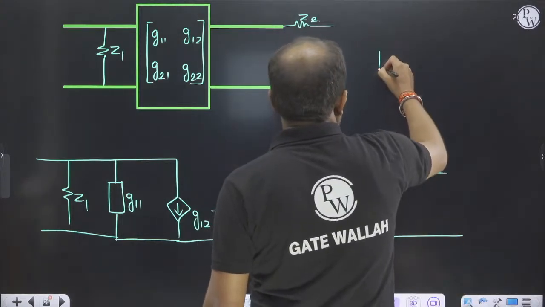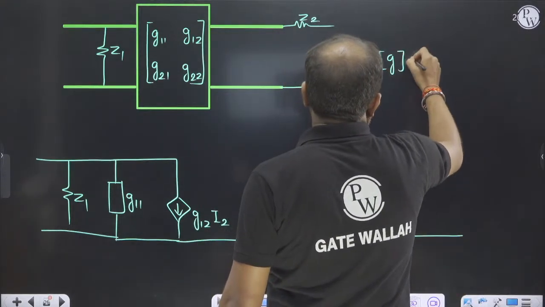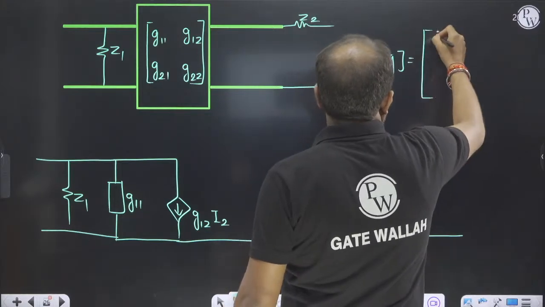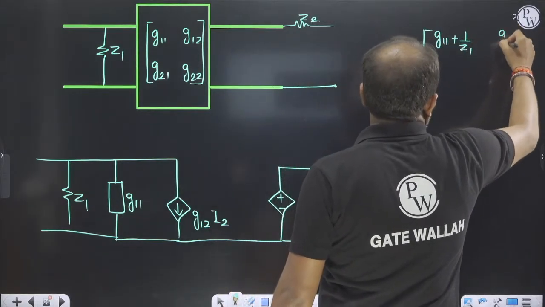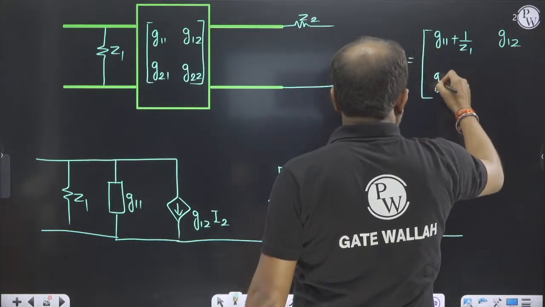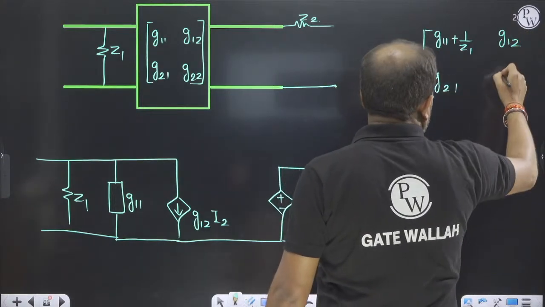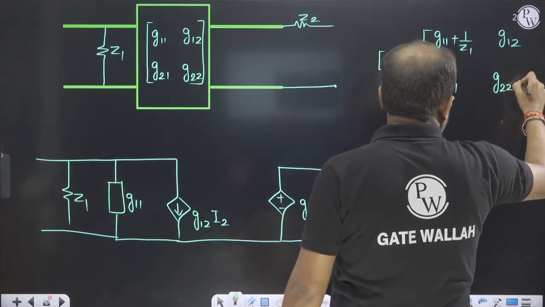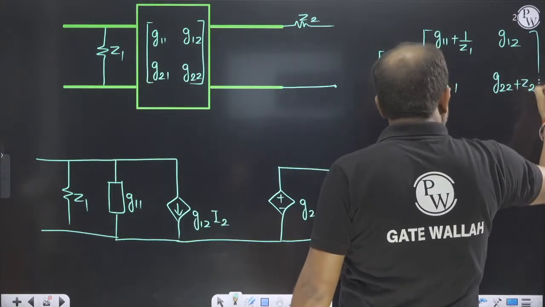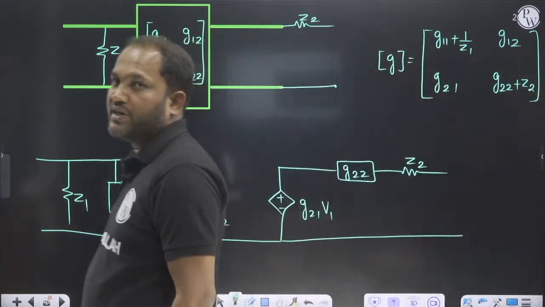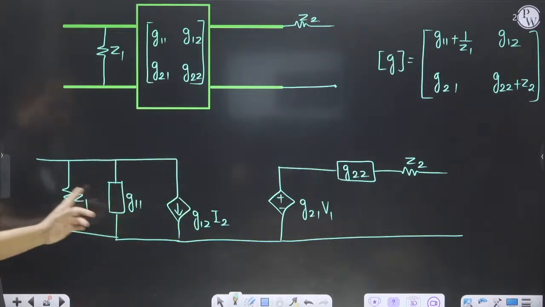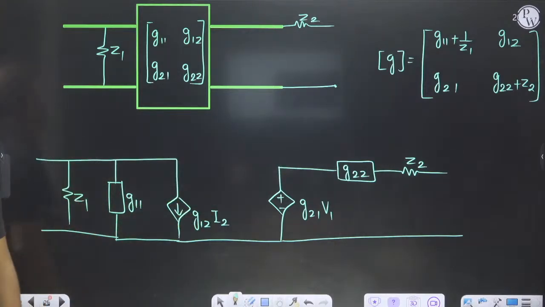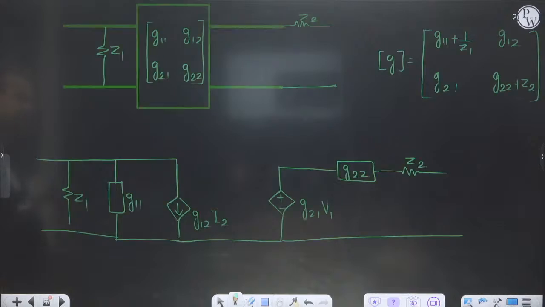So our new G parameter will be: G11 will change, so G11 plus 1 by Z1, G12 remains the same, G21 remains the same, and G22 plus Z2, because series impedance, parallel admittance, like that you will understand.